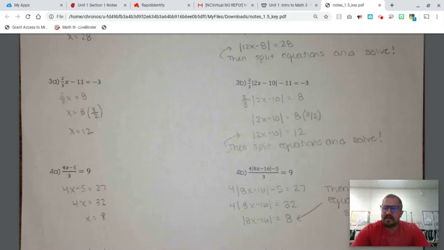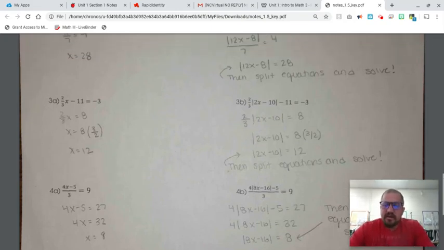Our second step would then be to add 5. So now we have 4x equals 32. And then our third step would be to divide by 4. So you end up with x equals 8. So those are regular equations, equations you've seen in Math 1 and Math 2.